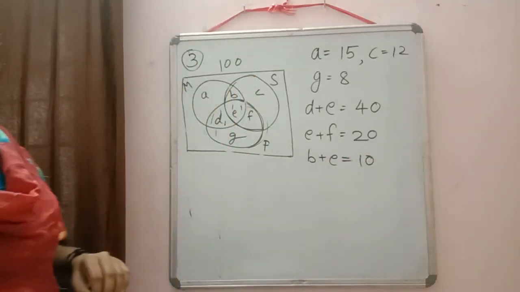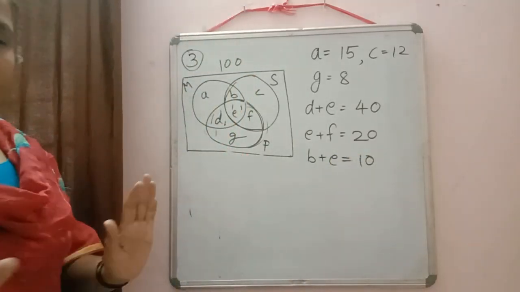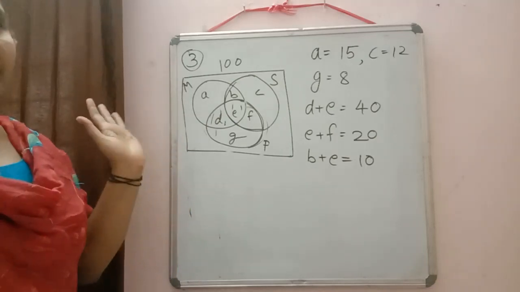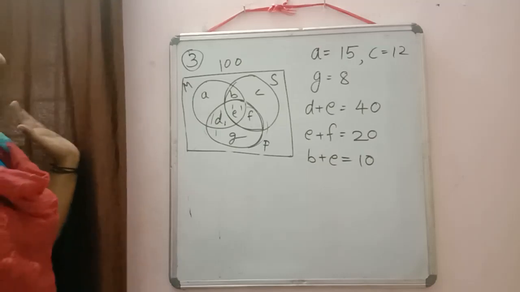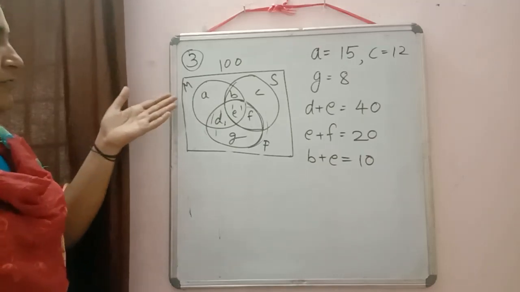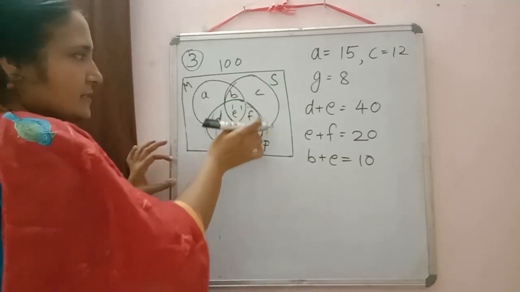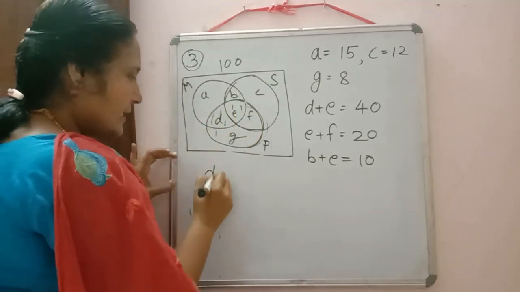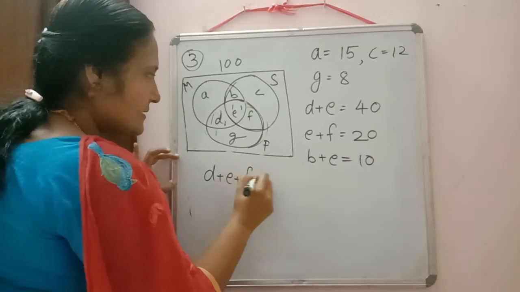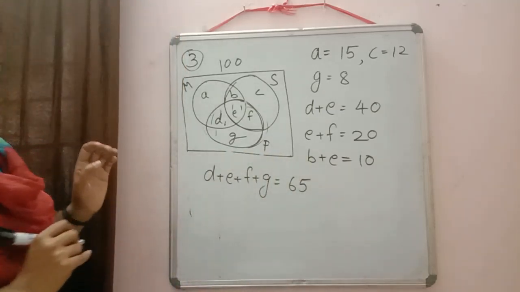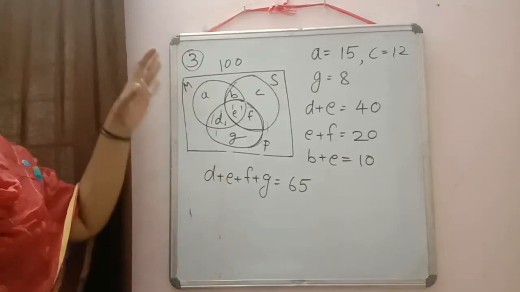And then it is given 65 offered physics. It's not written only physics. So those who have offered physics, they can opt for maths and statistics also. Physics is denoted by the letters D plus E plus F plus G is equal to, it is given, 65. So these are the information we have.